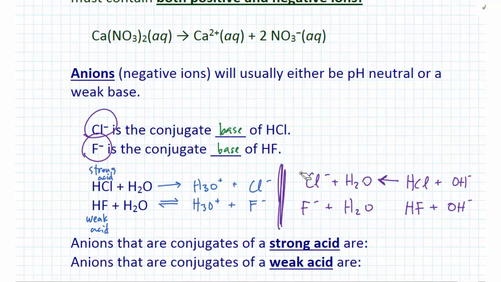Okay? Fluoride and water, though, since this was in equilibrium, fluoride ions can remove an H from hydronium. Okay? Fluoride ions could also remove an H from water, probably to a small extent, but it's not impossible. So that will also be equilibrium arrows here.